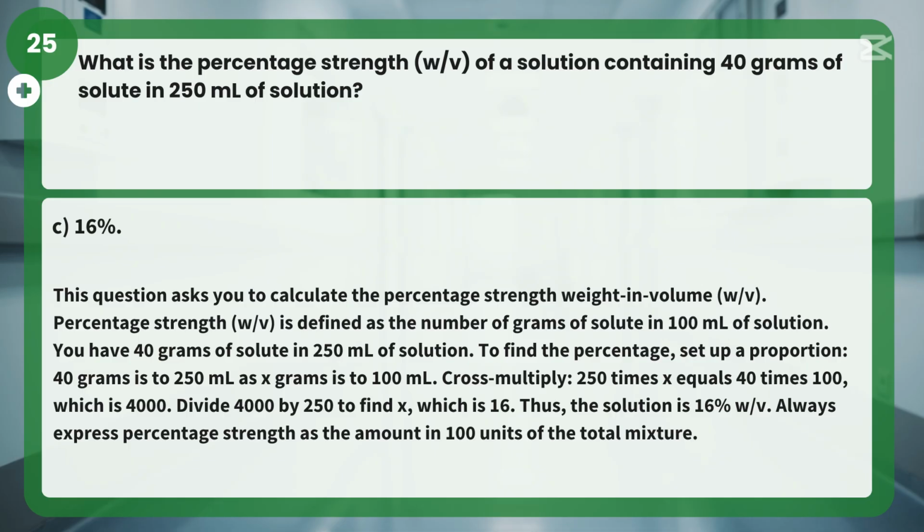To find the percentage, set up a proportion: 40 grams is to 250 milliliters as x grams is to 100 milliliters. Cross-multiply: 250 times x equals 40 times 100, which is 4,000. Divide 4,000 by 250 to find x, which is 16. Thus, the solution is 16% w/v. Always express percentage strength as the amount in 100 units of the total mixture.